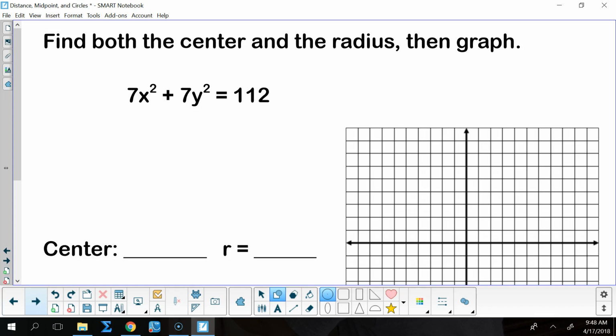Okay? All right. So, the difference with this one is that I now have coefficients in front of my squared terms. And that's a key. Okay? Circles don't have coefficients in front of their squared terms. Okay? So I need to first get rid of them. So I'm going to divide every term by 7.